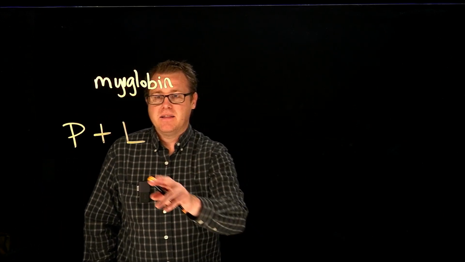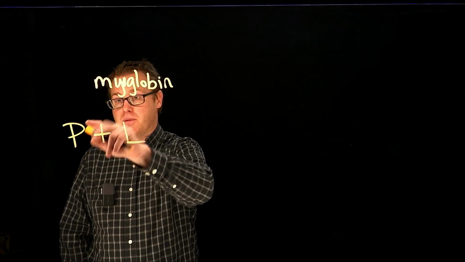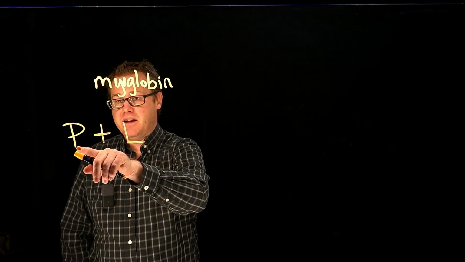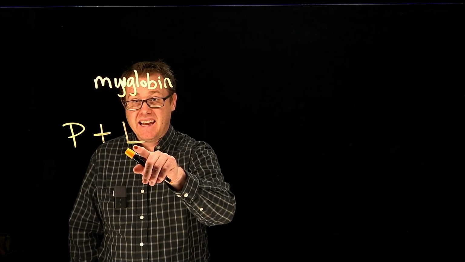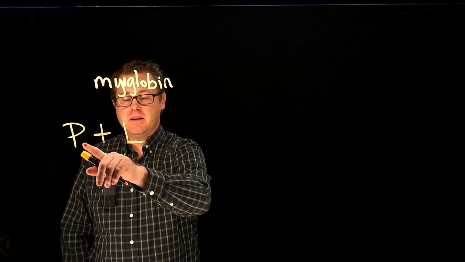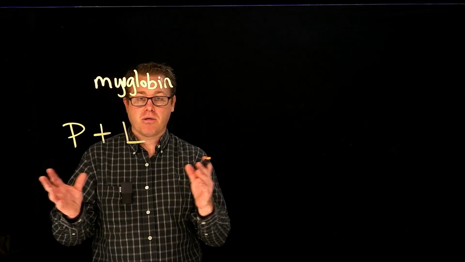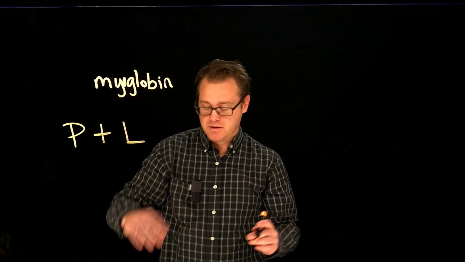The ligand is what is binding to the protein of interest. In our particular example, the ligand would be oxygen binding to myoglobin, but we're writing this in general terms, so we can talk about other proteins other than just myoglobin.